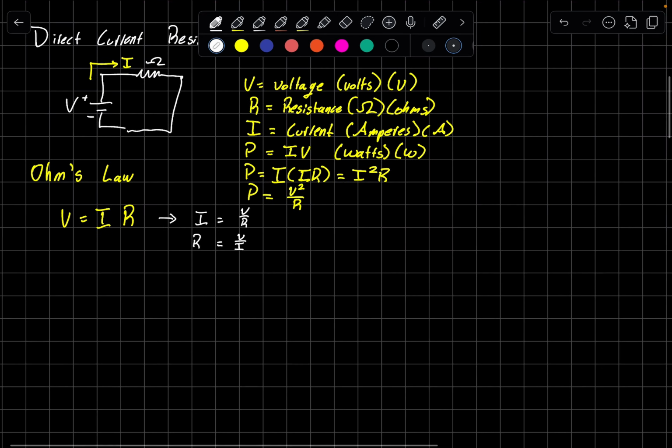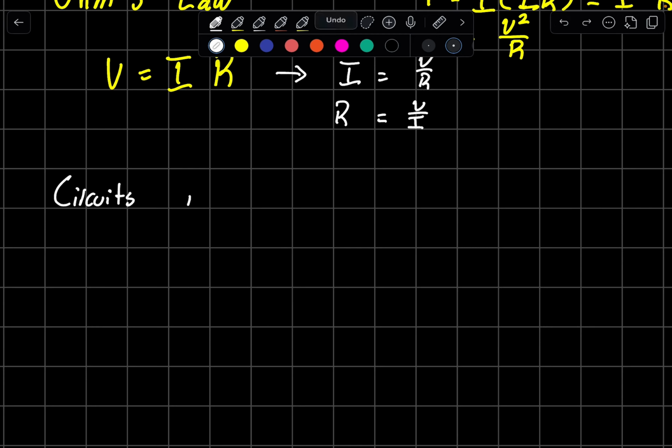Okay, so a circuit can either be in series or in parallel. What distinguishes them is how many ways the current can go, how many different directions the current can go. So here's a circuit in series.